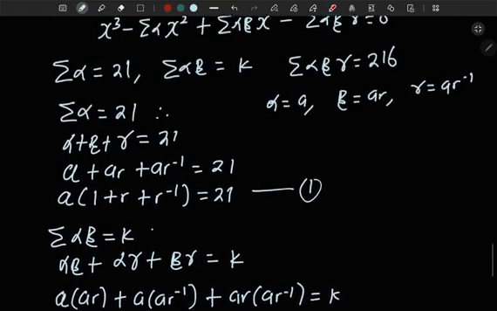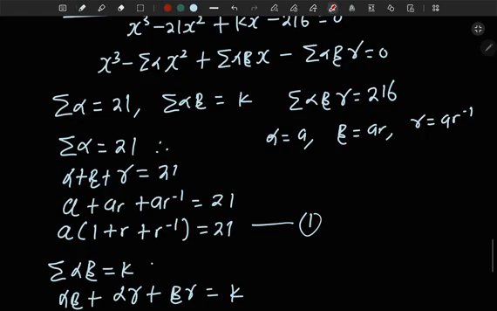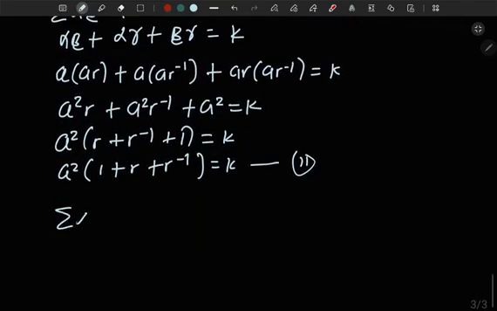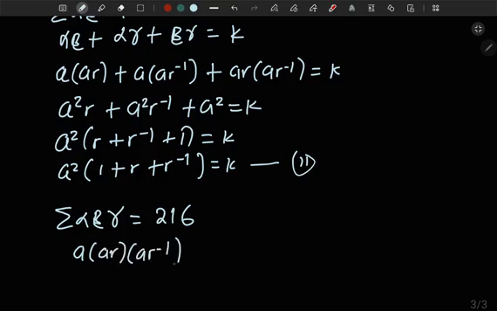Okay, now we consider the last expression, which is the product of the roots. For the product of the roots, summation alpha beta gamma is given to be 216. So alpha is a, beta is ar, and gamma is ar to the power minus 1, and the product equals 216.